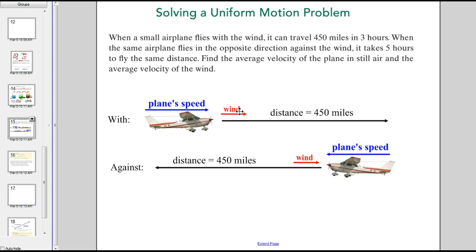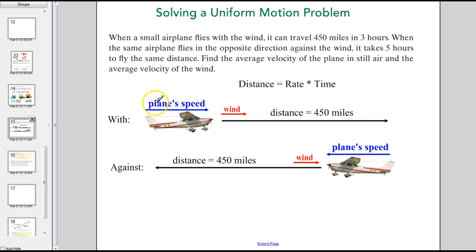Now what you have to remember with these types of problems, as soon as you start seeing distance units, time units, velocity or speed units like miles per hour, feet per second, you need to immediately think distance equals rate times time. So again, remember, we're in systems of equations.